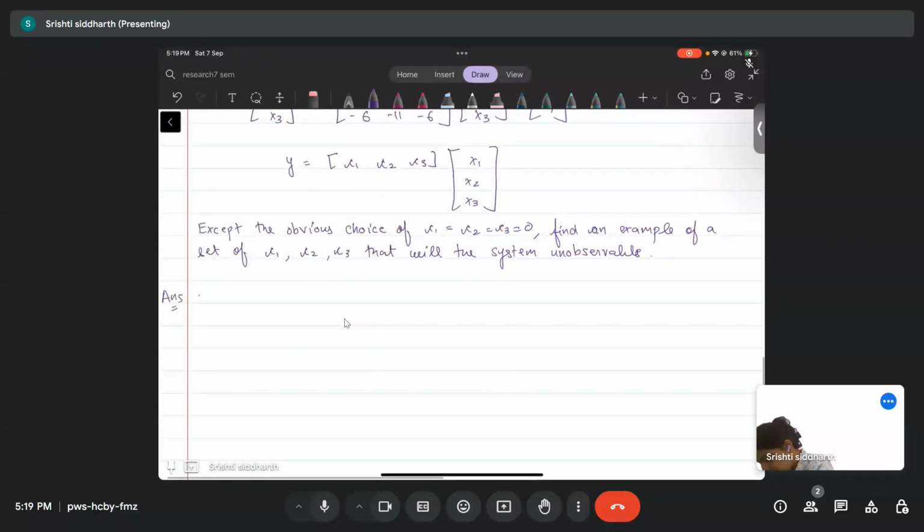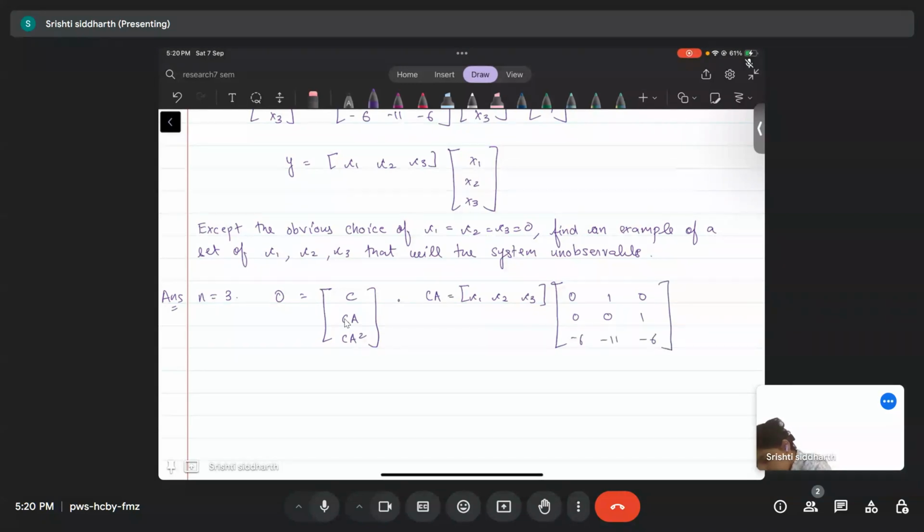So N is 3. The observability matrix becomes C, CA and CA squared. Let's compute CA first. This was in CCF. We have minus 6, minus 11, minus 6.